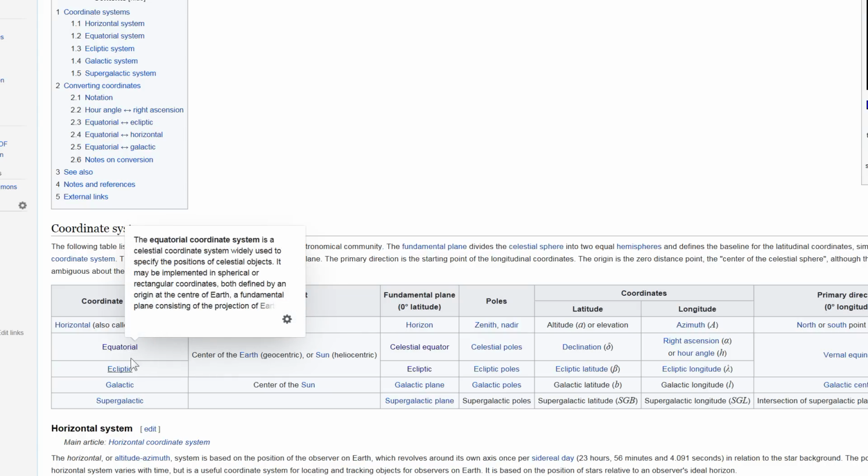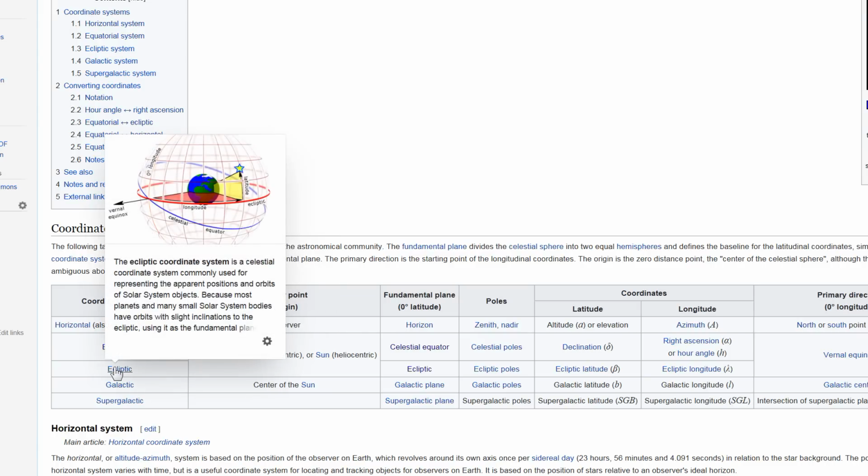So with the ecliptic system, what we have here is a big flat plane drawn out from the Sun to the Earth. Then we measure the longitude in degrees around the Sun that the Earth travels, and we measure the latitude, which is the number of degrees above and below the Earth's and the Sun's joined plane.